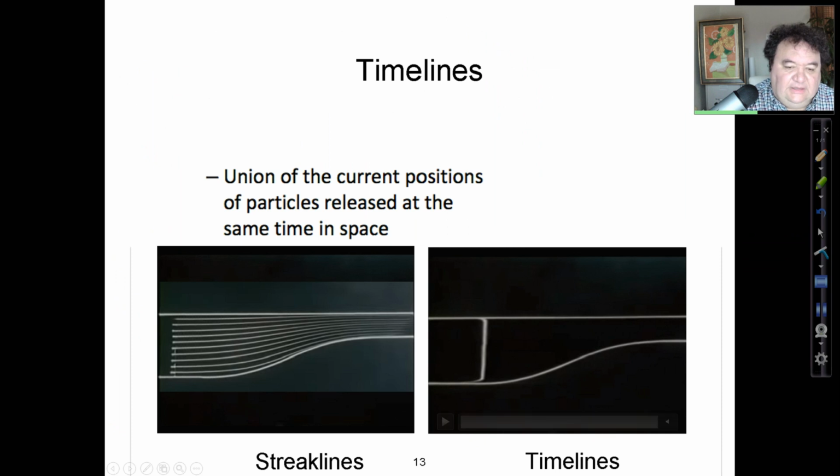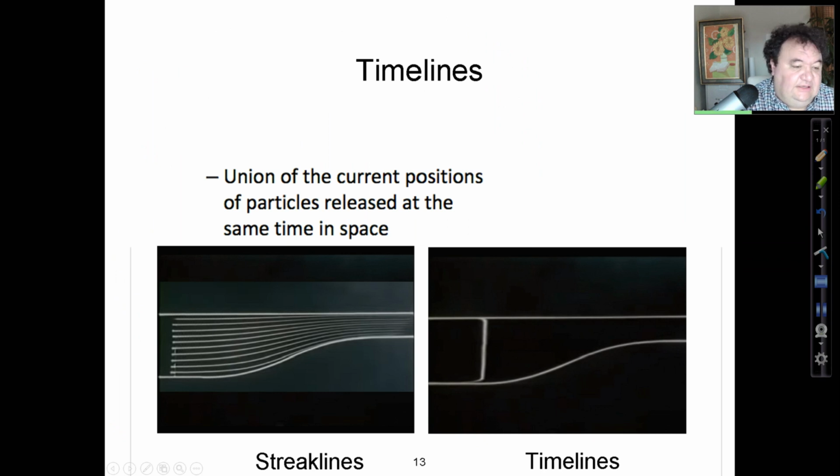So here I'm taking a short clip of the long video that I gave a link to in the first class regarding vector fields and just in the previous class. Here we see the streak line. In this fluid evolving over time, there is a continuous release of particles in this particular location, and those evolve.